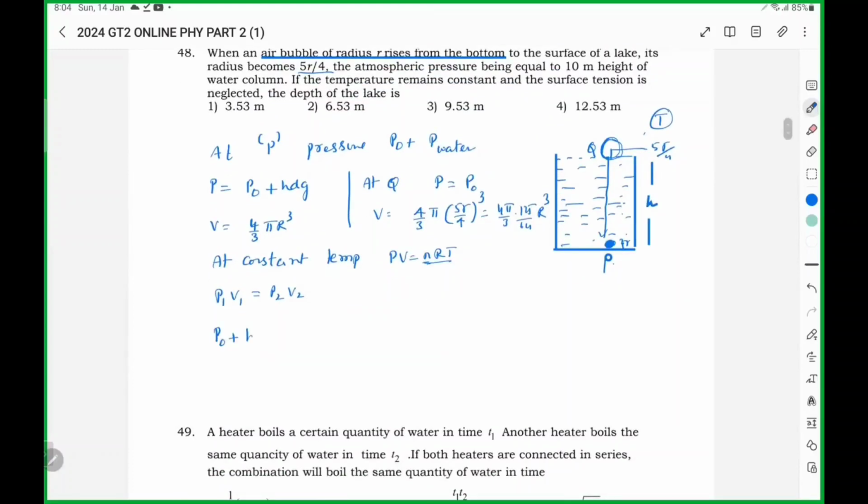So P naught plus H d g, times V1 which is 4 by 3 pi r cube, equals P2 which is only P naught, times the volume 125 by 64 r cube. 4 pi by 3 and r cube get canceled. So here P naught plus H d g is 125 P naught by 64.